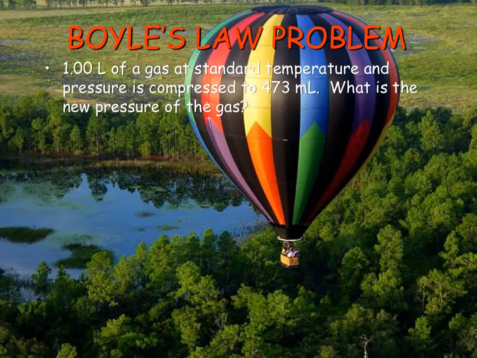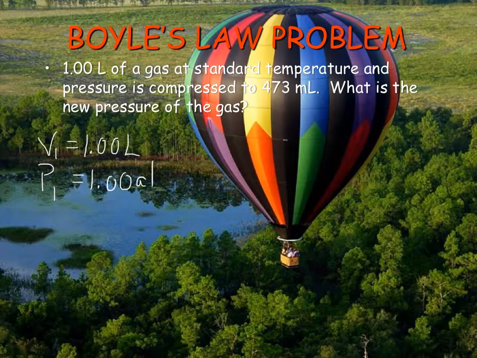So let's make a table and identify what these measurements represent. Okay, 1 liter is the original volume. So V1 equals 1.00 liters. The original pressure, it says standard temperature and pressure, so P1 would have to have been 1.00. I'm just going to use atmospheres.